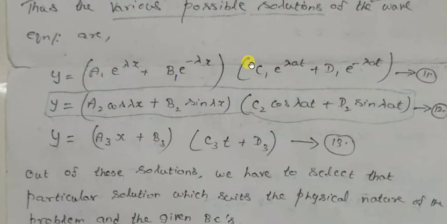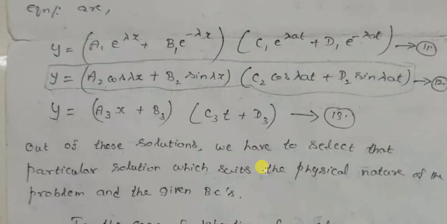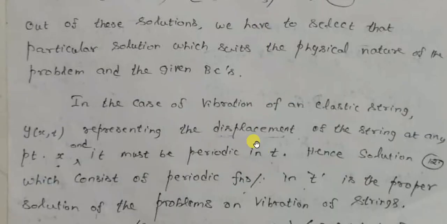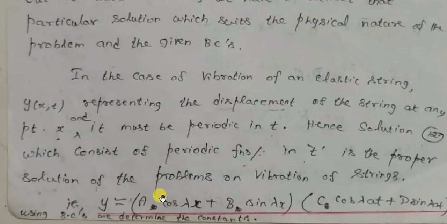So three solutions we got in the derivation, and we have to choose one solution which suits the physical nature of the problem. In case of vibration of an elastic string, y(x, t) representing the displacement of the string at any point x, it must be periodic in t. Hence the solution which consists of periodic functions in t is the proper solution of problems on vibration of string.